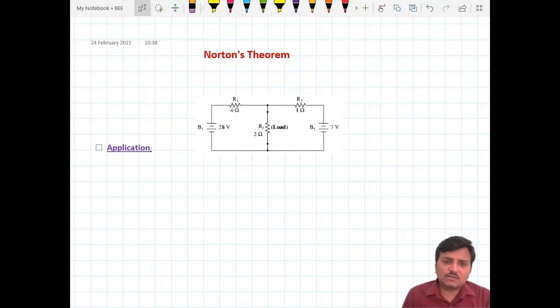Now I want to explain how Norton's theorem will be applied to the given circuit. As I told you, the application is similar for both.